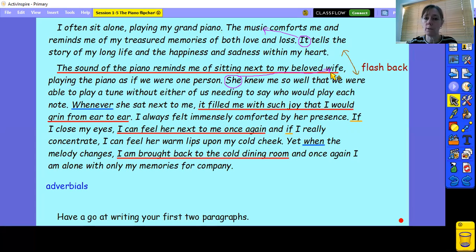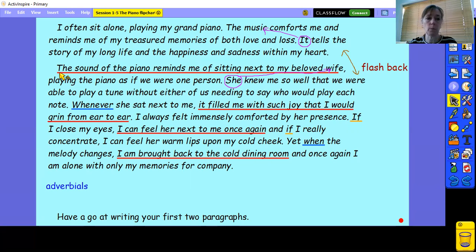Right, in terms of using different sentence types, you'll notice that we've used pronouns here to open some sentences. So here we've got it, that's referring back to music in the sentence before. And this sentence here begins with she, that's referring back to his beloved wife that was in the sentence before. In red, I've underlined the main clauses in the sentences.